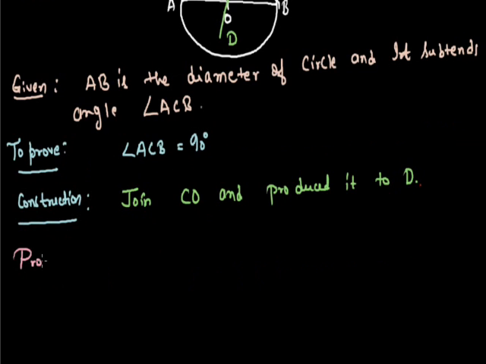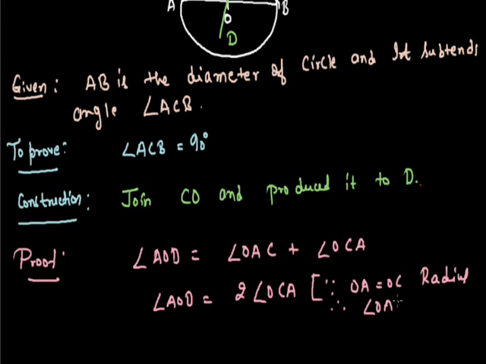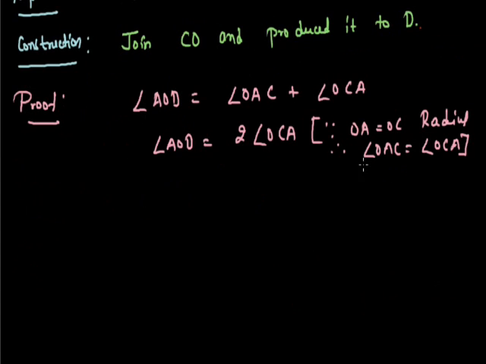Proof: angle AOD is equal to angle OAC plus angle OCA. Therefore angle AOD is equal to twice of angle OCA because OA equals OC, radius, therefore angle OAC is equal to angle OCA. Let this be the first equation.